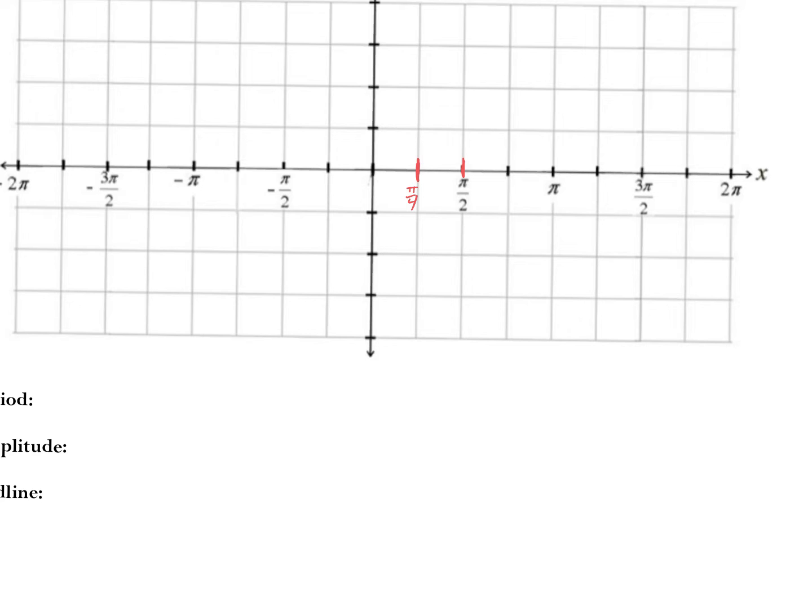So I'm going to call this pi over 6 and this pi over 3. And likewise, this dash is 3 pi over 4. And so now these marks on the x-axis represent the different angles on the unit circle. Cool?